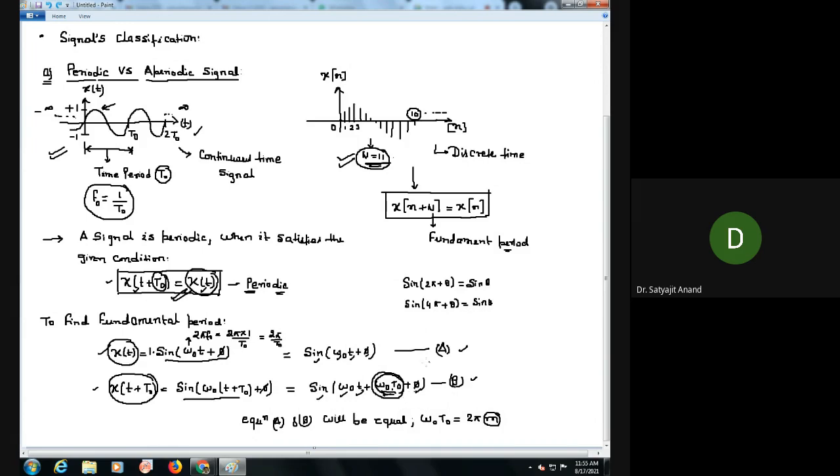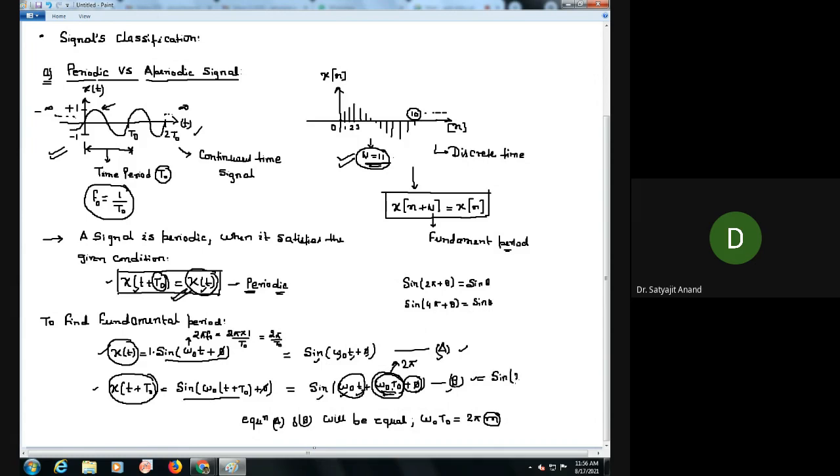What I'm saying is, equation A and B will be equal only when omega naught T naught, in place of this, if I keep 2 pi. Then see sine of 2 pi plus theta. Assume this omega naught t plus phi as theta. So 2 pi plus this combination gives you simply sine.